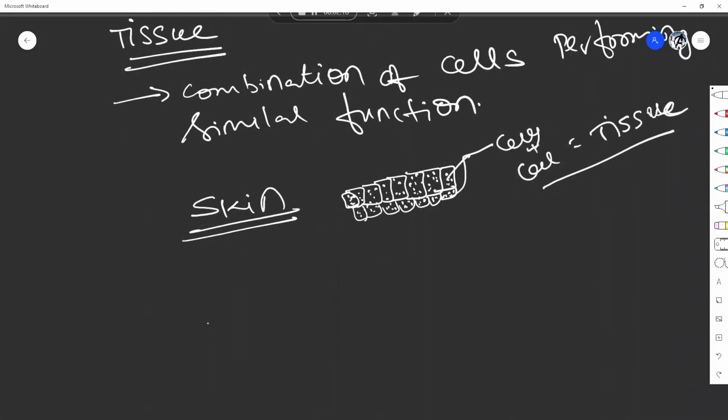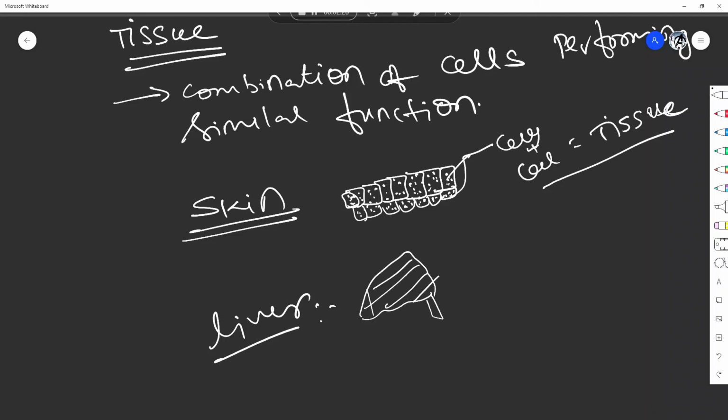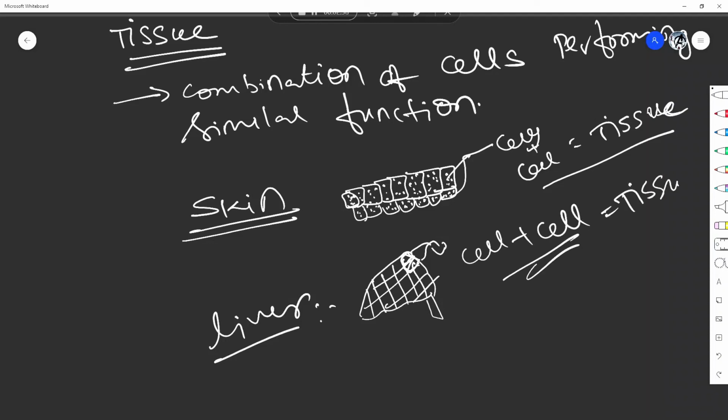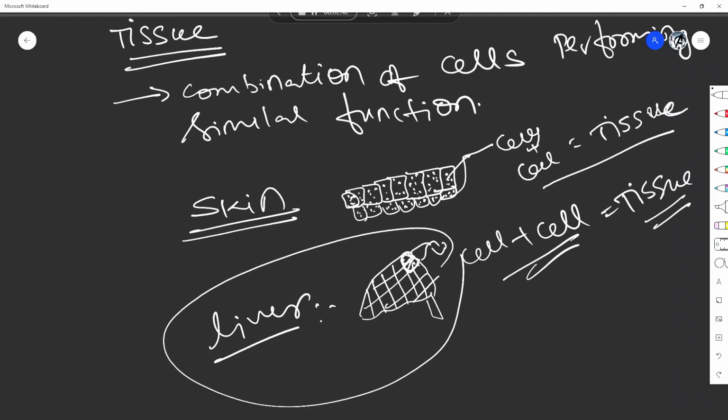Similarly, if you take the liver, the liver is an organ. The liver is also made up of different cells, different tissues. So liver cells or liver tissues also perform a similar action. They purify, and they release the juices that help your food to digest.